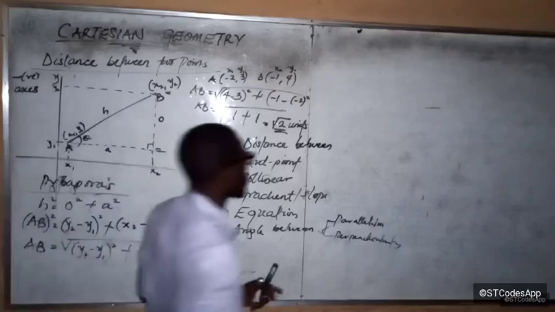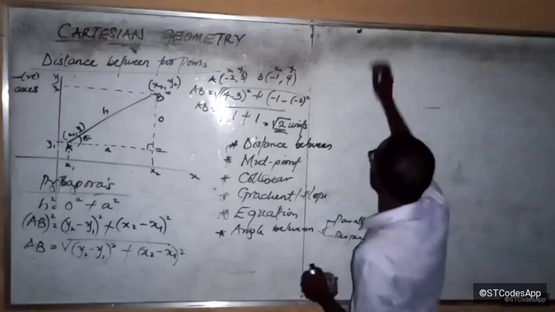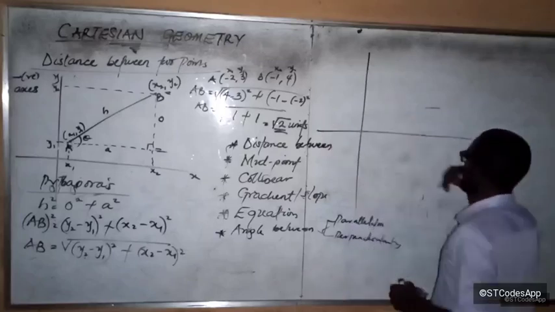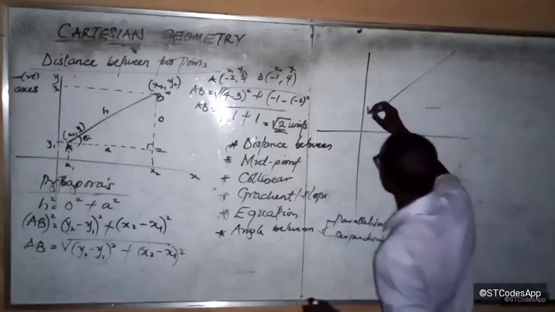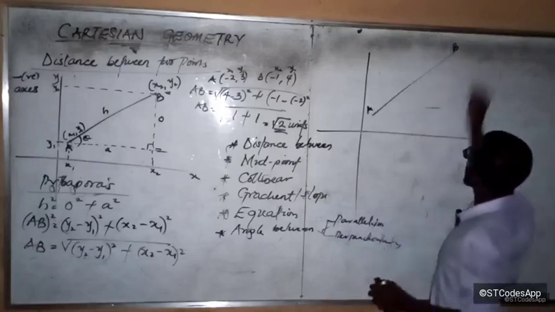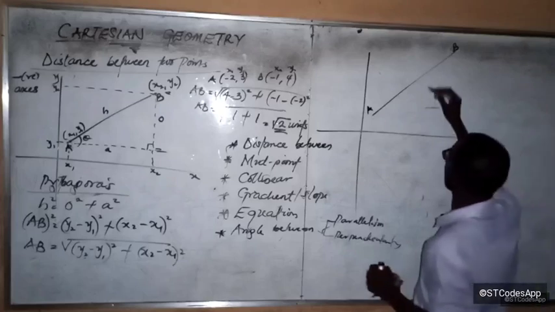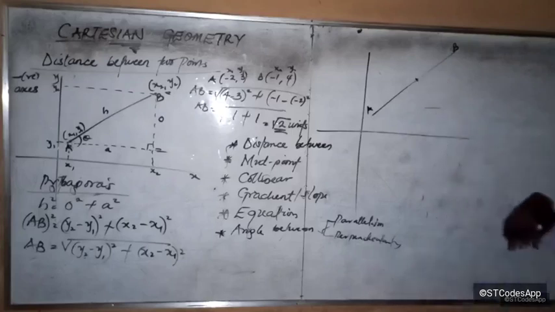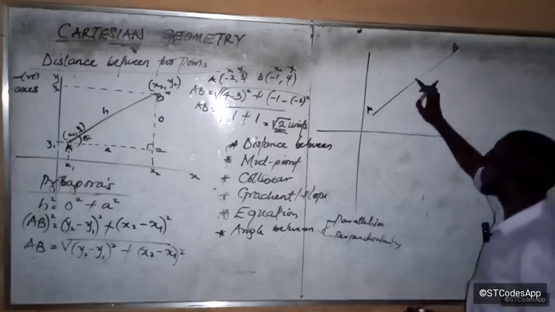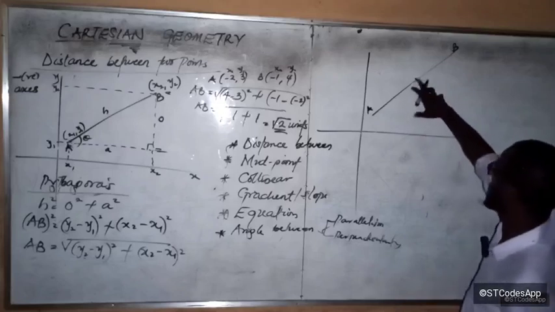All right, let's go to the second one, which is the midpoint of a line. So taking the coordinate system again, if I had a line like this, for example, let's use AB. Now, if I were told to determine the midpoint of this line, this will probably be the midpoint, around here.